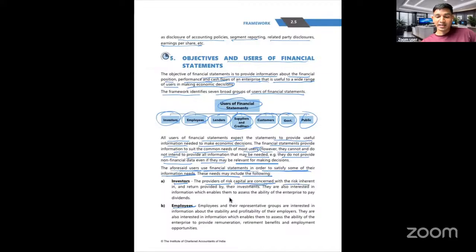They are also interested in information which enables them to assess the ability of the enterprise to pay dividends. Employees and their representative groups are interested in information about the stability and profitability of their employers.